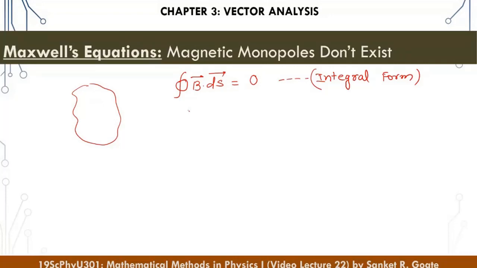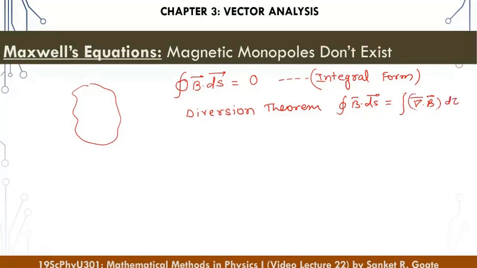Now I can use the divergence theorem here and write the left hand side, which is a surface integral B dot dS, as a volume integration of del dot B over some volume d tau.